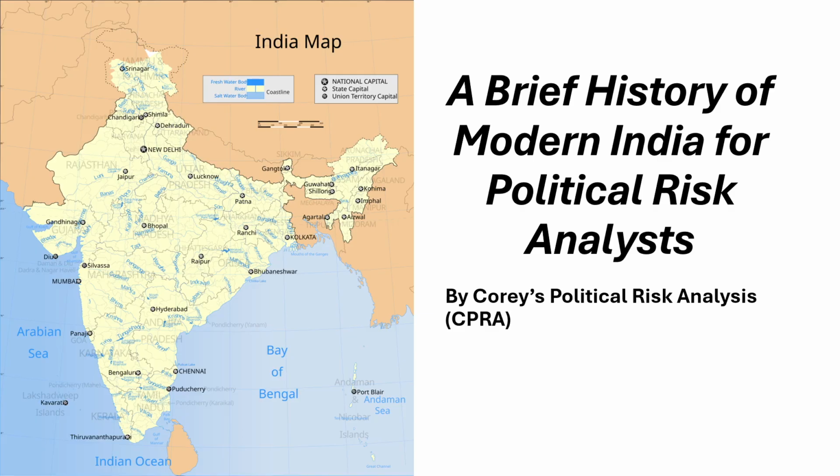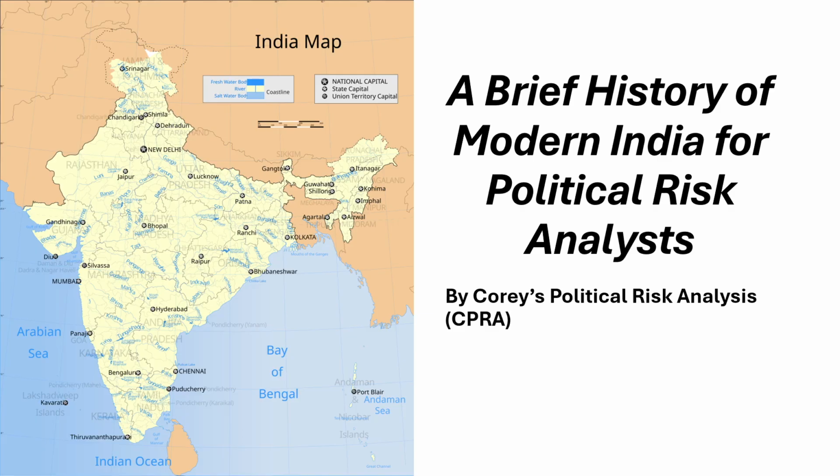Nehru became India's first prime minister. His government prioritized secularism and democracy, industrialization under a mixed economy model, land reforms, and social justice. India adopted a new constitution in 1950, becoming a sovereign democratic republic.